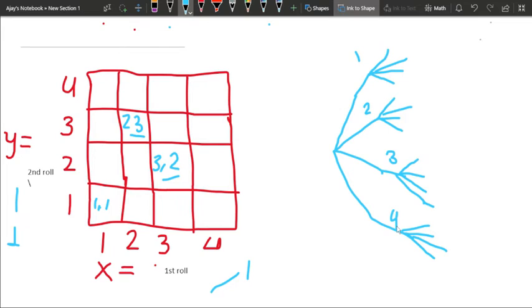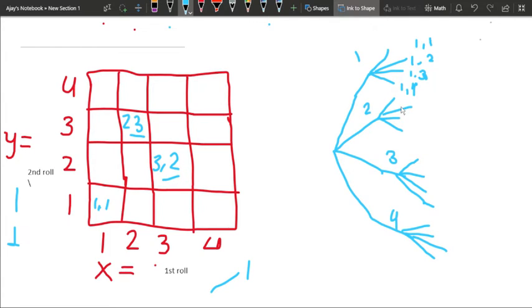So whenever we have an experiment with several stages, either real stages or imagined stages, this is one and one, one and one, and this is one and two, and this is one and three, and this is one and four.